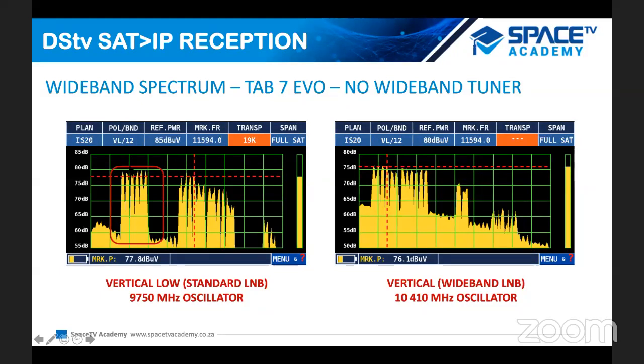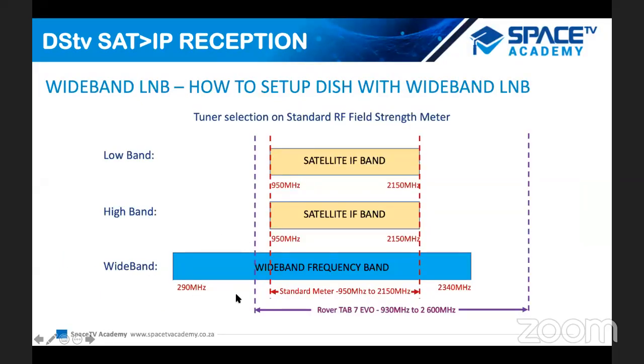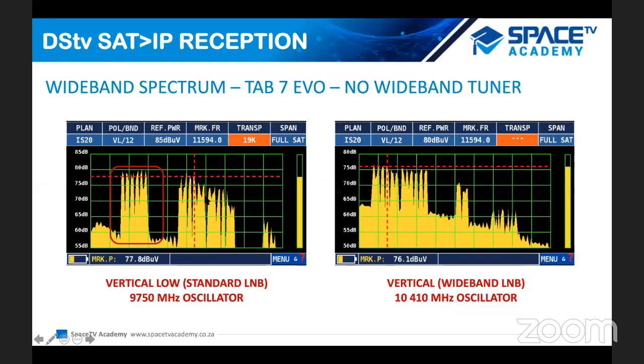So that's part of what you will lose, and that is that section over here, which you are not receiving. But within there, you'll see there's 11594, which is your home frequency. That's still visible. So there's more than enough information for you to align the dish with the limited spectrum that you are able to see on a standard instrument.